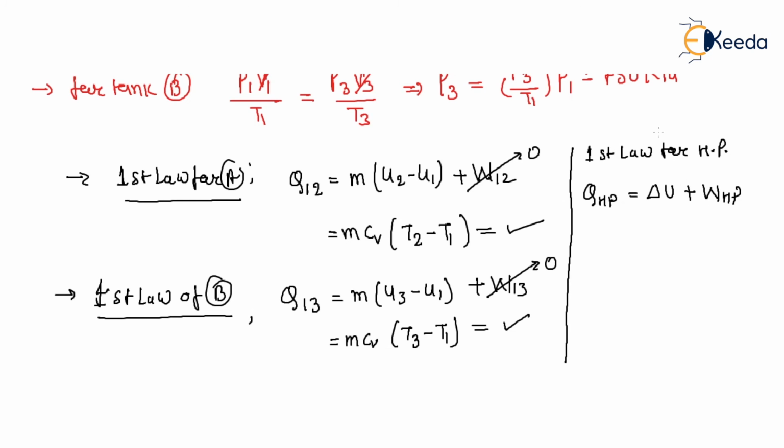See, heat pump is a cyclic process, so delta U is 0 for the cycle. So what is the heat transfer for the heat pump? QA minus QB, this is net heat. Why?